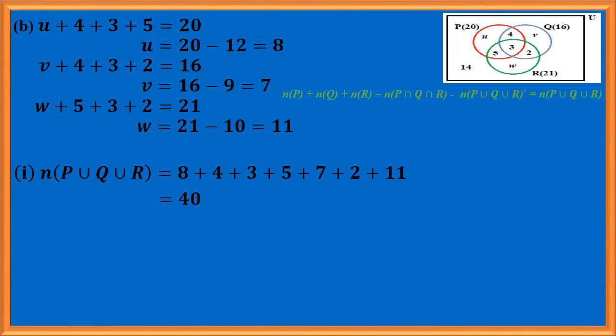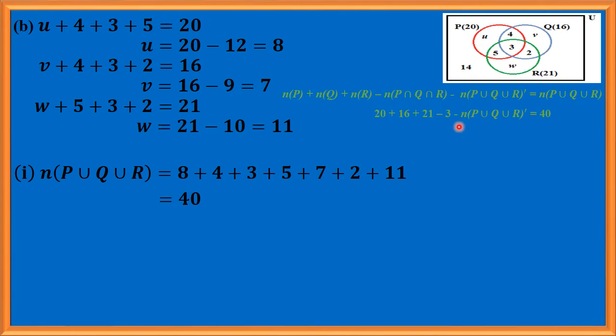So substituting, we know the number of P to be 20, the number of Q to be 16, the number of R to be 21, minus the number of P intersection Q intersection R, which is 3, so we'll have minus 3, minus the number of P union Q union R complement. This one, we don't know the value here. We are looking for the value here. Which is equal to 40, which we have here already.